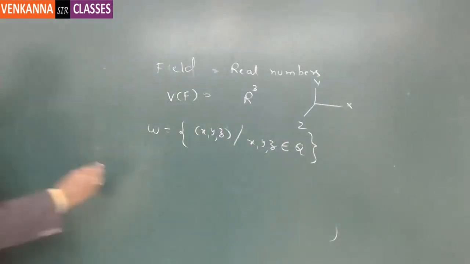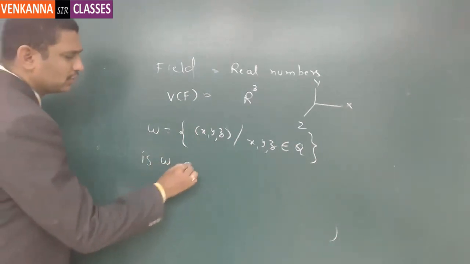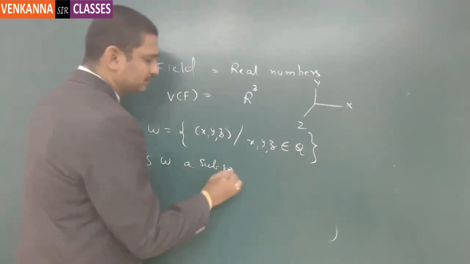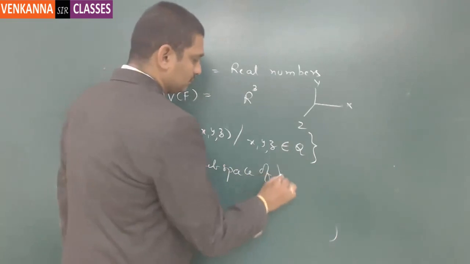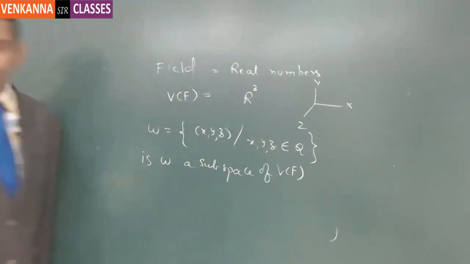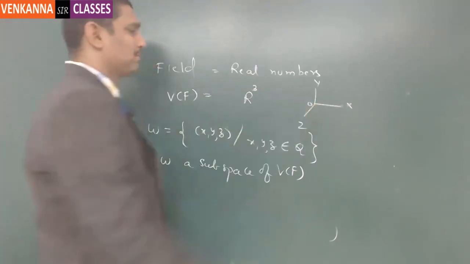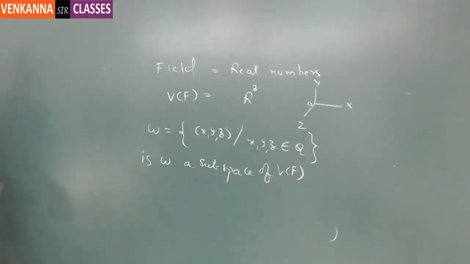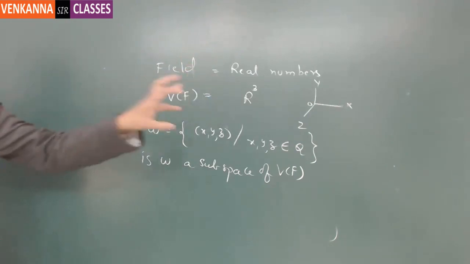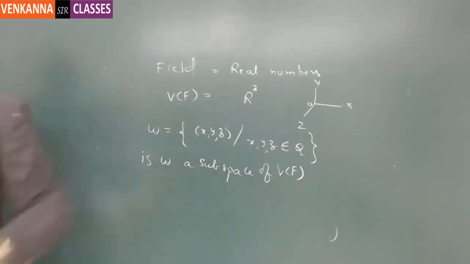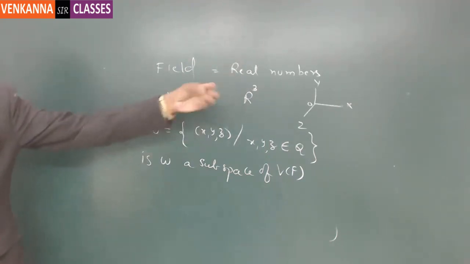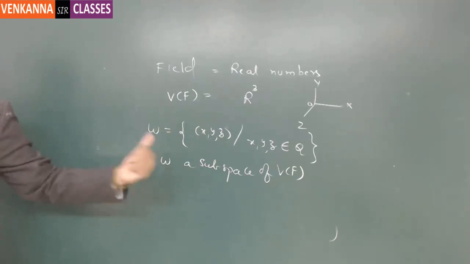Now the question is, is W a subspace of V? The field is real numbers. The vector space is the 3D x, y, z system, and in it I am taking the points whose coordinates are rational numbers. My question is, if I take all those points into one set, is it a subspace or not?